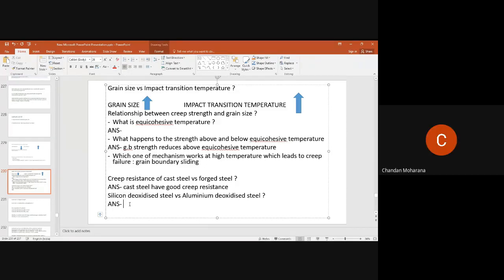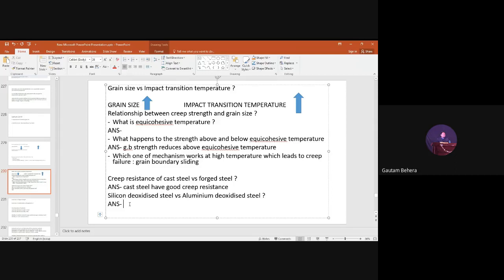According to the Ellingham diagram, what will form? Aluminium oxide, yes or no? Yes, sir. That is the purpose of deoxidation. Aluminium will go and react with oxygen to form aluminium oxide. Aluminium oxide is a solid. It will come out of the steel. So this is the way by which we can decrease the dissolved oxygen in the steel.